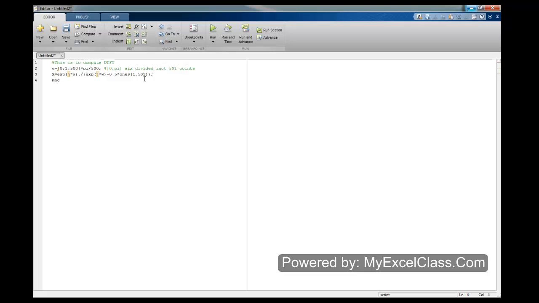So magnitude, we are calculating the magnitude of our frequency component: absolute value of x. This was to calculate your magnitude. Okay.